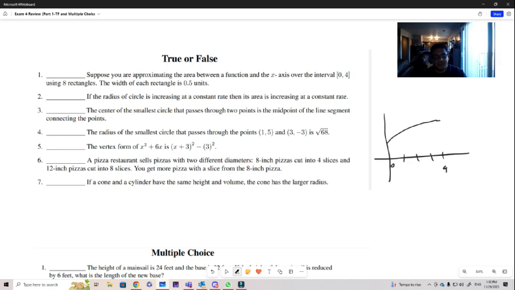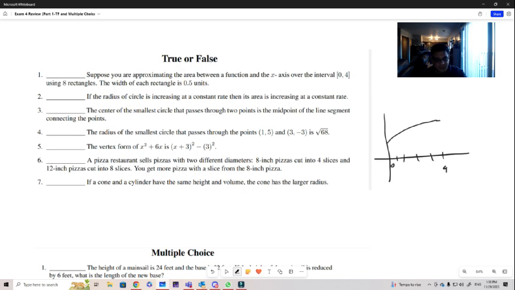We're approximating with rectangles, and we have 8 rectangles over 0 to 4, and it says the width of each rectangle is 0.5.